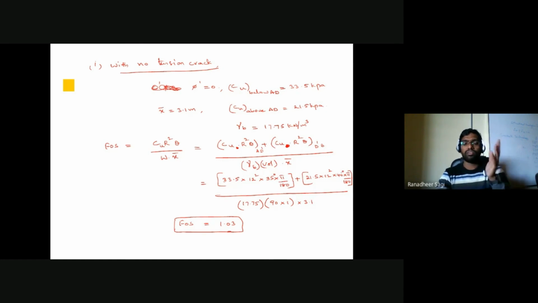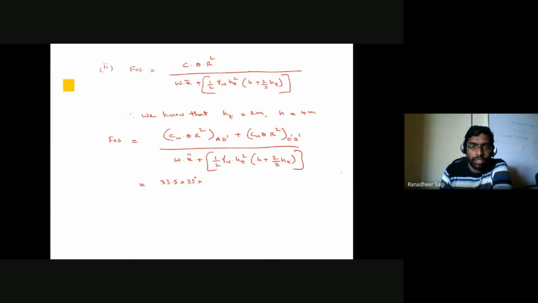Because of the conversion of degrees into radians, we multiply it with pi by 180, sorry, not pi into 180, it is pi by 180, into r square, which is 12 square. This is for the region A to D dash.